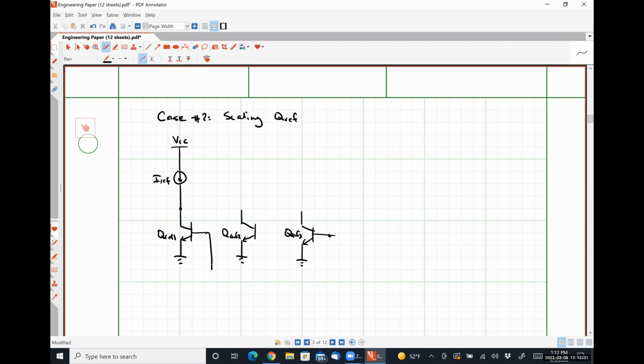we're going to have to tie their bases together, like so. We have to tie their emitters together, like so. And then we also need that feedback from the collector to the base.